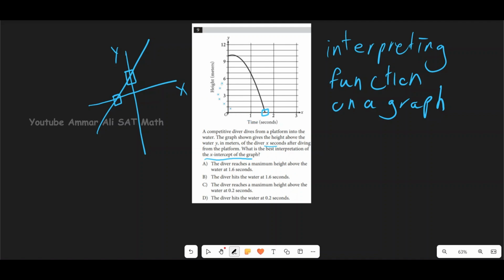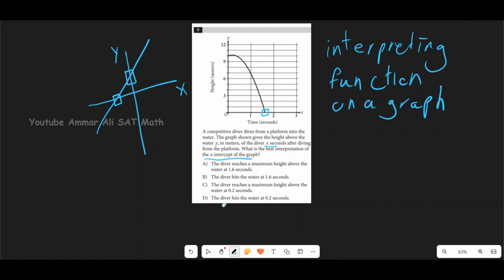Since we knew that they started from the top, this means nothing more than that they reached the bottom, or entered the water at this point in time. So let's read through these options and see which interpretation matches our understanding.